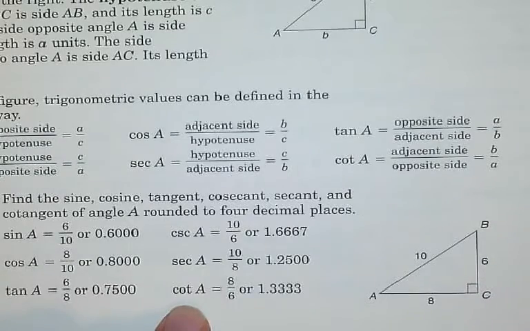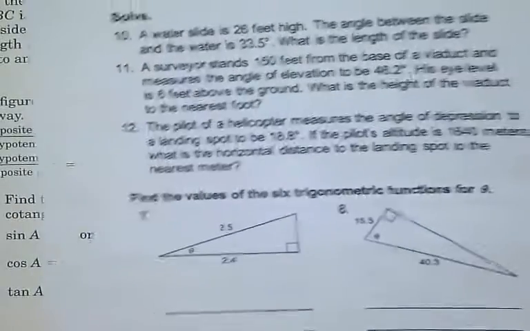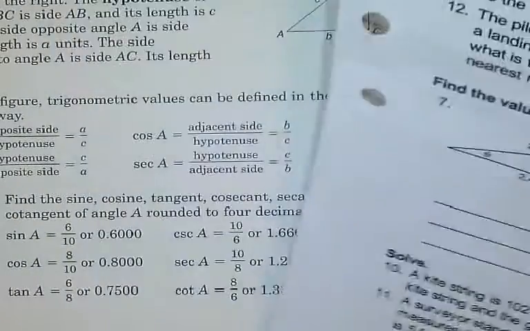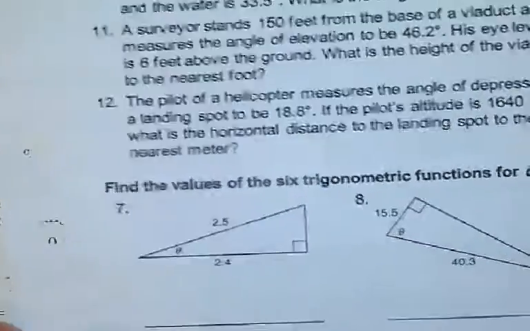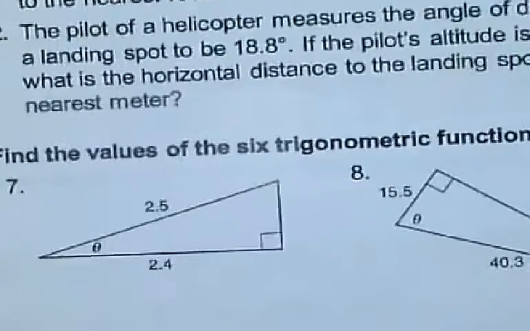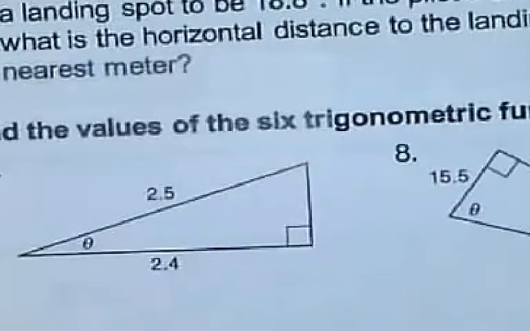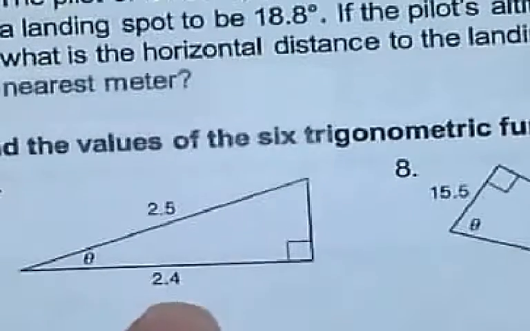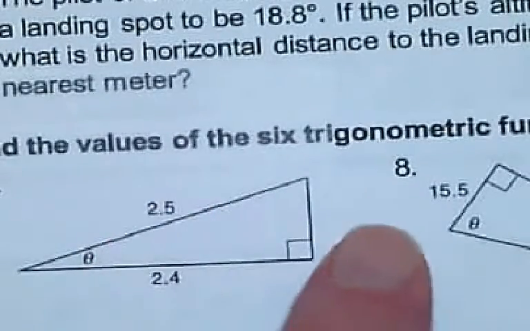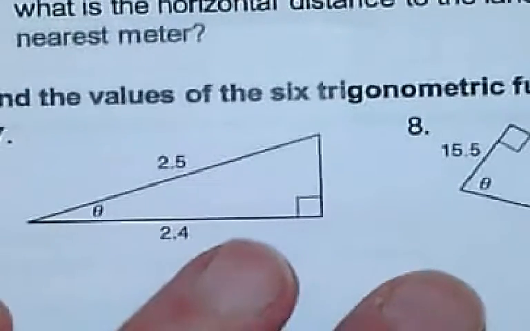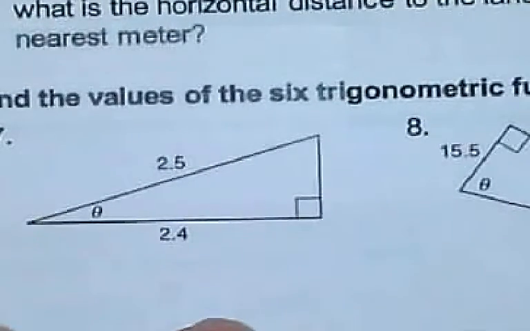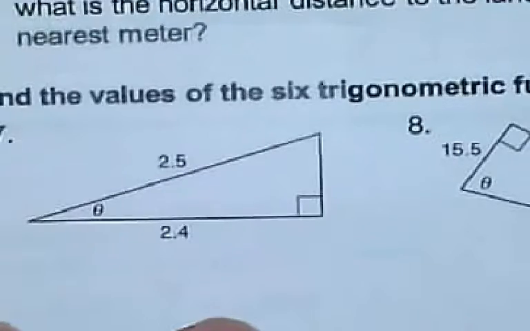So let's see what you remember and see if you can do this one. Let's do number 7. Now, if this is 2.4 and this is 2.5, you have to know this side right here. You can't solve it unless you know that side.